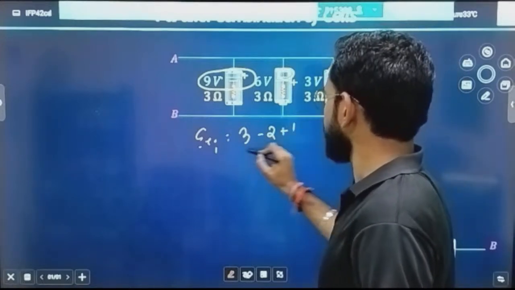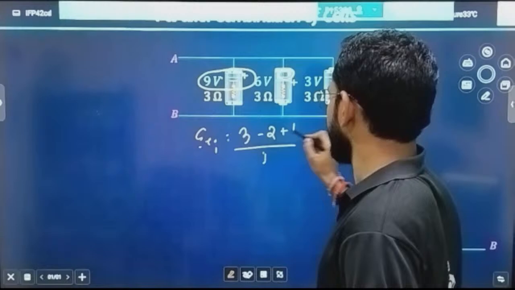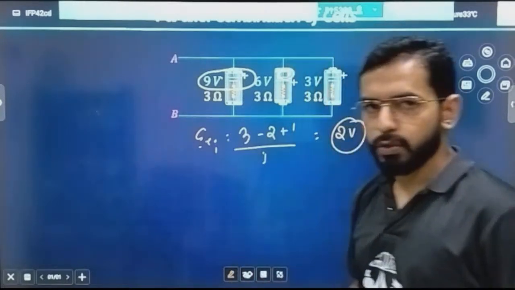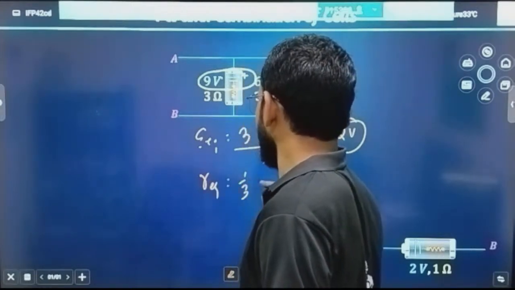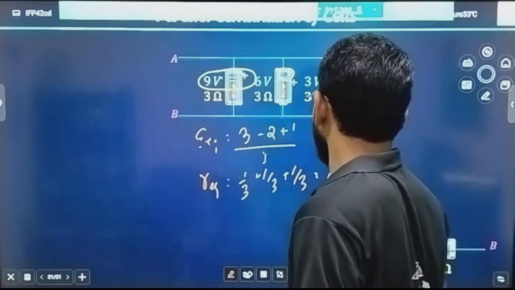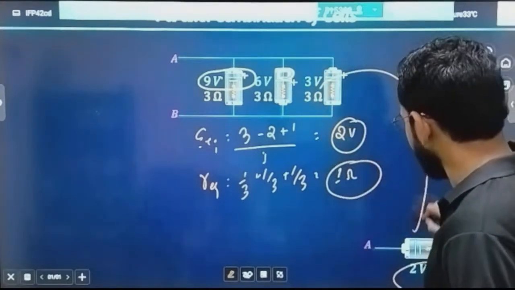That means same polarity, plus 1. Divided by effective resistance. You remember from the last question, it is 1. 3 minus 2. That means effectively what is the EMF that is going to come? It is equal to 2 volt. And R equivalent is simple. R equivalent is equal to 1 by 3 plus 1 by 3 plus 1 by 3. Eventually it will become 1. So this complete system can be replaced by this one.